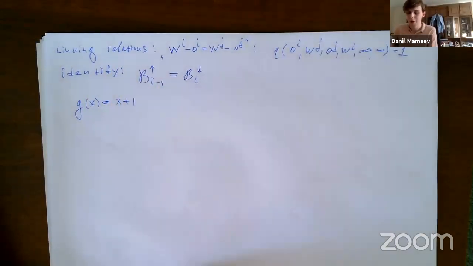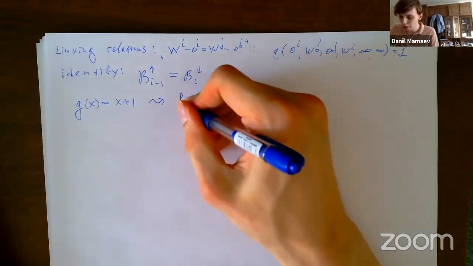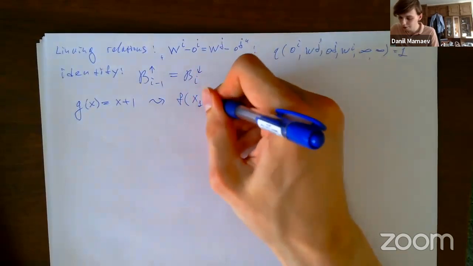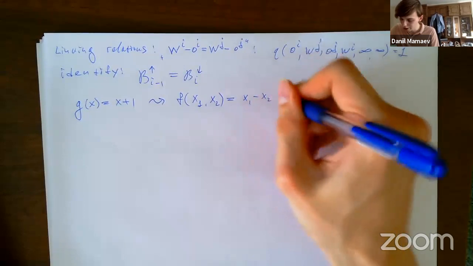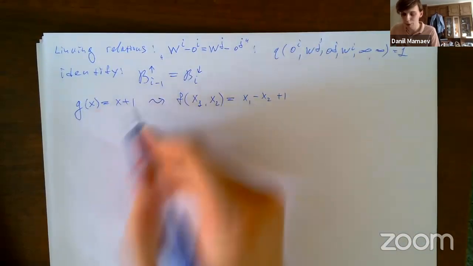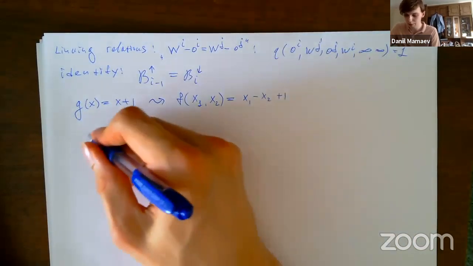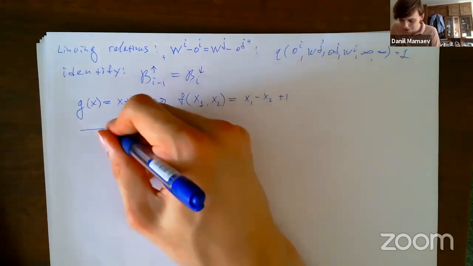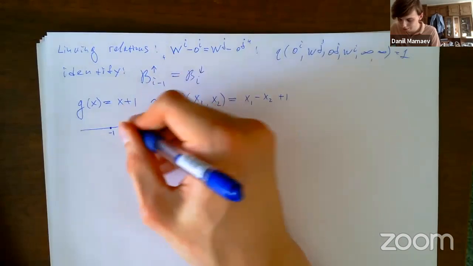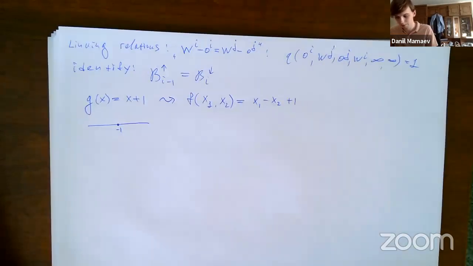Okay, suppose we have this polynomial, a very easy one. From this polynomial, we get a polynomial in 2 variables, which is this one. This was a polynomial defining some partition, namely the partition of a line in 3 parts.